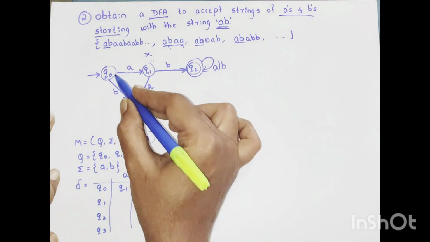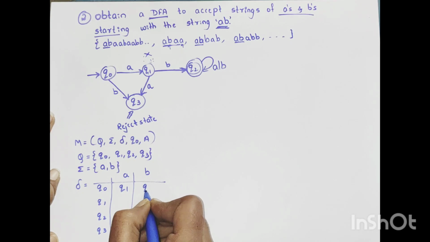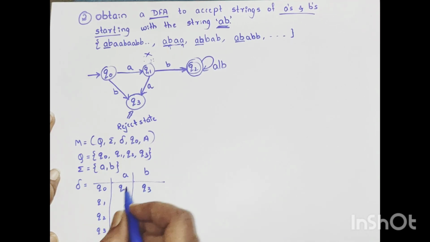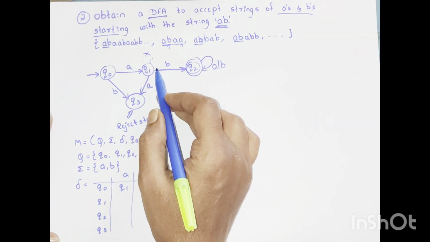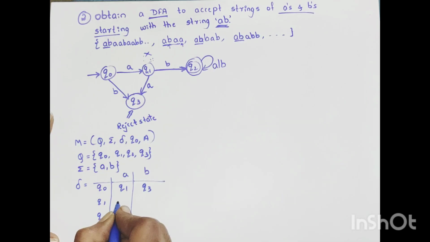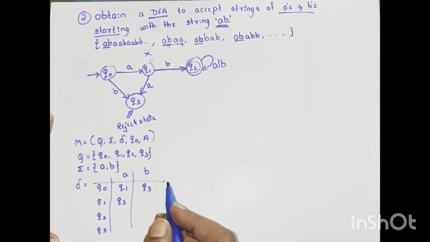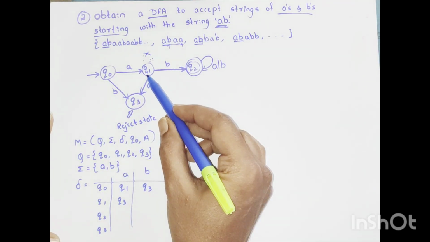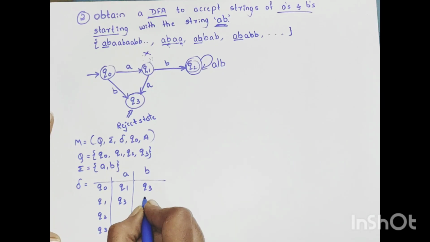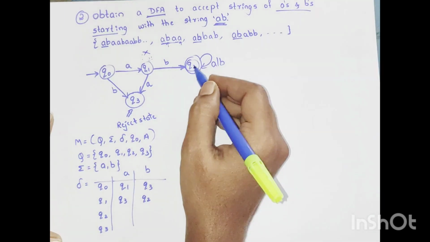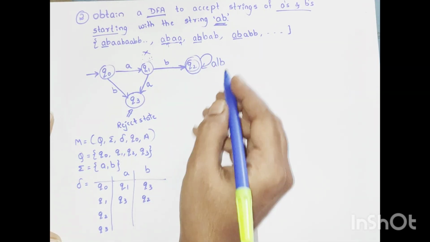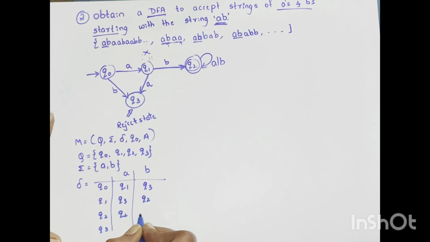Then for B, it will go to the reject state called Q3. Again from Q1, for input symbol A, it will go to the Q3 dead state. Then from Q1 on B, it will go to the Q2 state. Then from Q2, for both A and B, it remains in the same state, that is Q2.